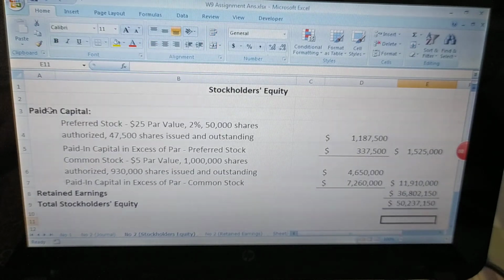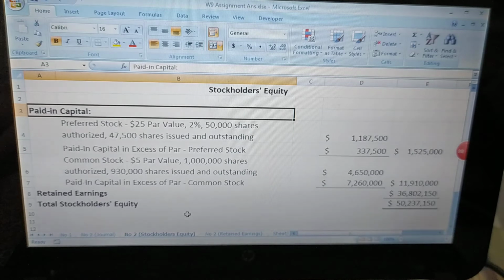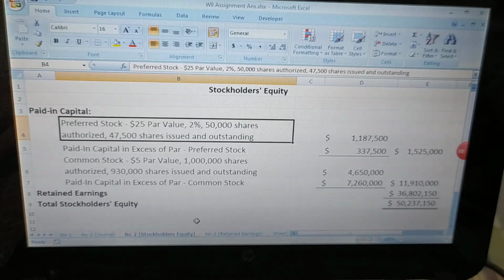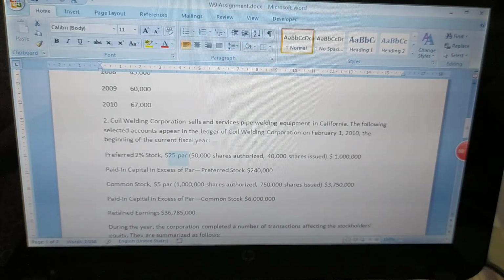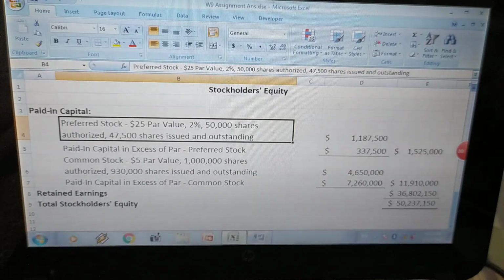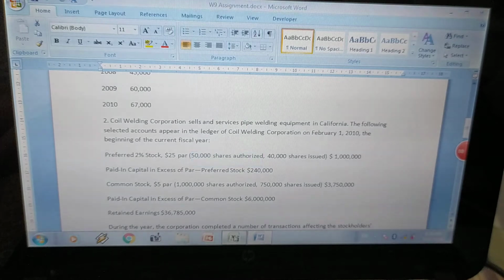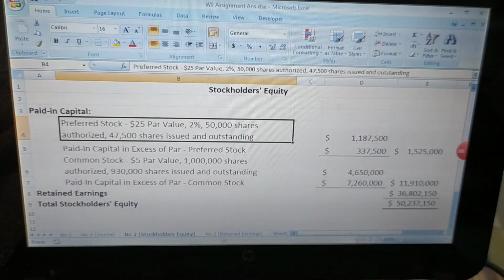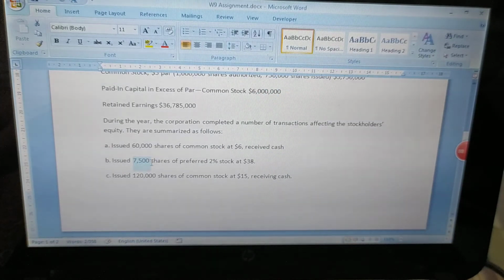Remember there are two parts. The first part is the paid-in capital. So always start from the preferred stock. Remember to write all of the information about the preferred stock. So preferred stock, $25 par value, it is from the question. And then 2%, also from the question. And then 50,000 shares authorized. For the shares issued and outstanding, remember to take the data and then plus the journal entries.